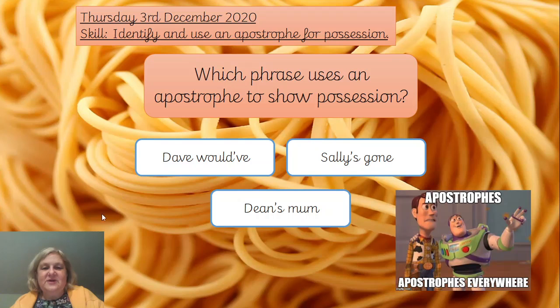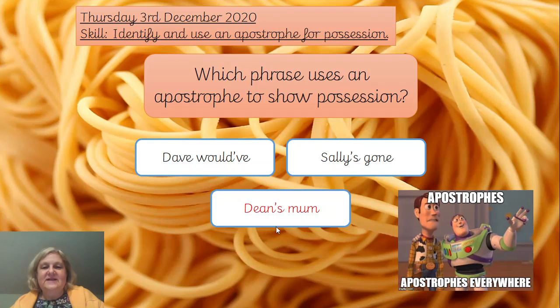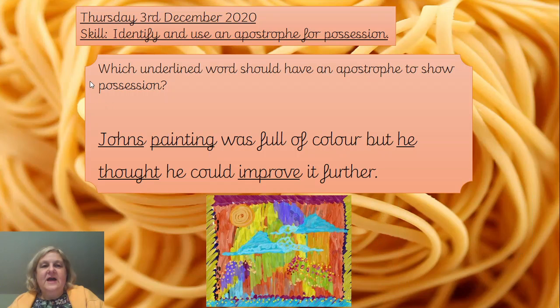It's Dean's mum, so it's the mum. Dean's mum is the one that mum belongs to Dean. And we've got would have, Dave would have. Would have, so the HA is gone, that's an omission apostrophe. And this one, Sally has gone, Sally's gone, another omission apostrophe.